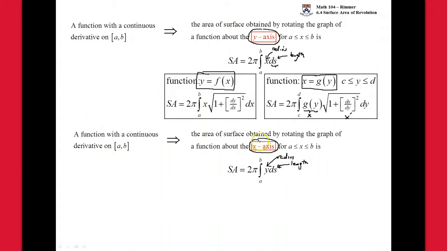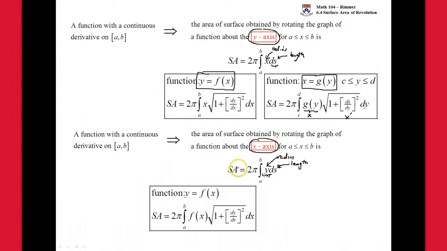And so if you're rotating about the x-axis and you have it as a function of x, then this y can't stay as a y. Okay, and so we'd have to replace it. That's what we did in our derivation. Replace the y with f of x.